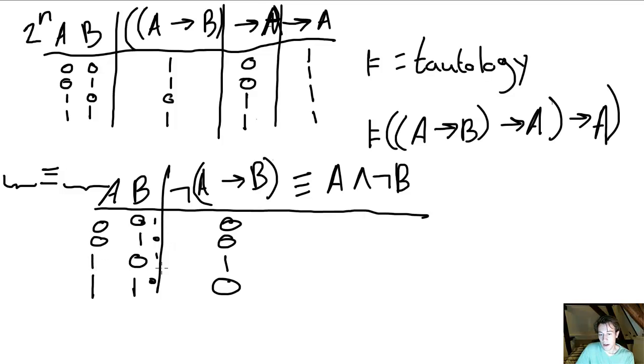Here A is 1, and B is 1 over here. And A is 1 over here, and B is 0 over here. So we get this truth table, 0, 0, 1, 0. Hey, they're the same. So we can put these 3 stripes over here.